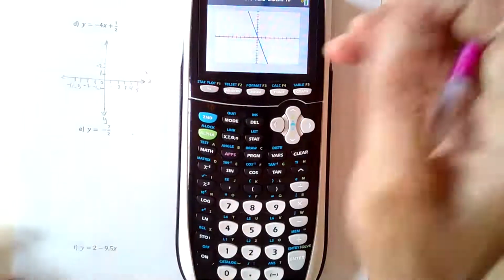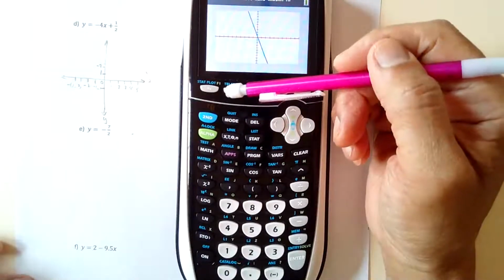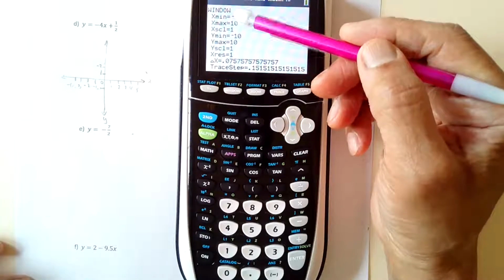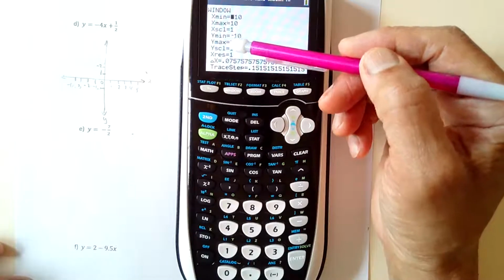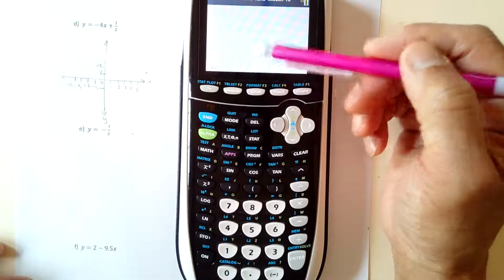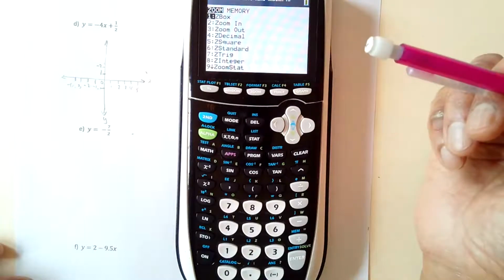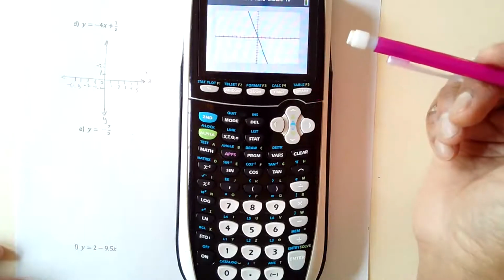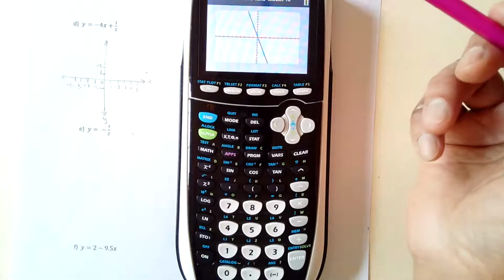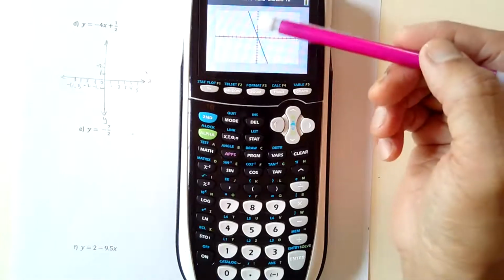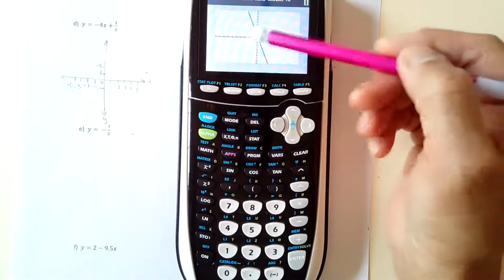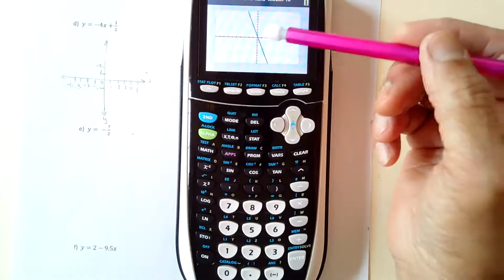Okay, notice I haven't changed my window. The window is still -10 to +10, -10 to +10, which is also the same as the standard when you zoom. I can still see the graph. Now I need to zoom in to get closer and see more detail.